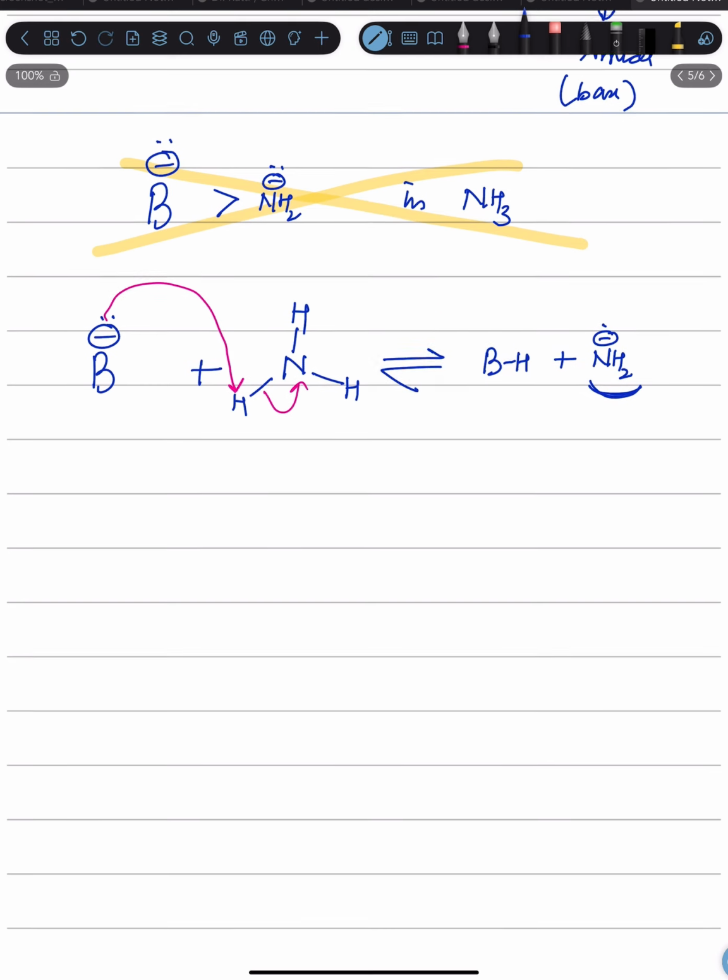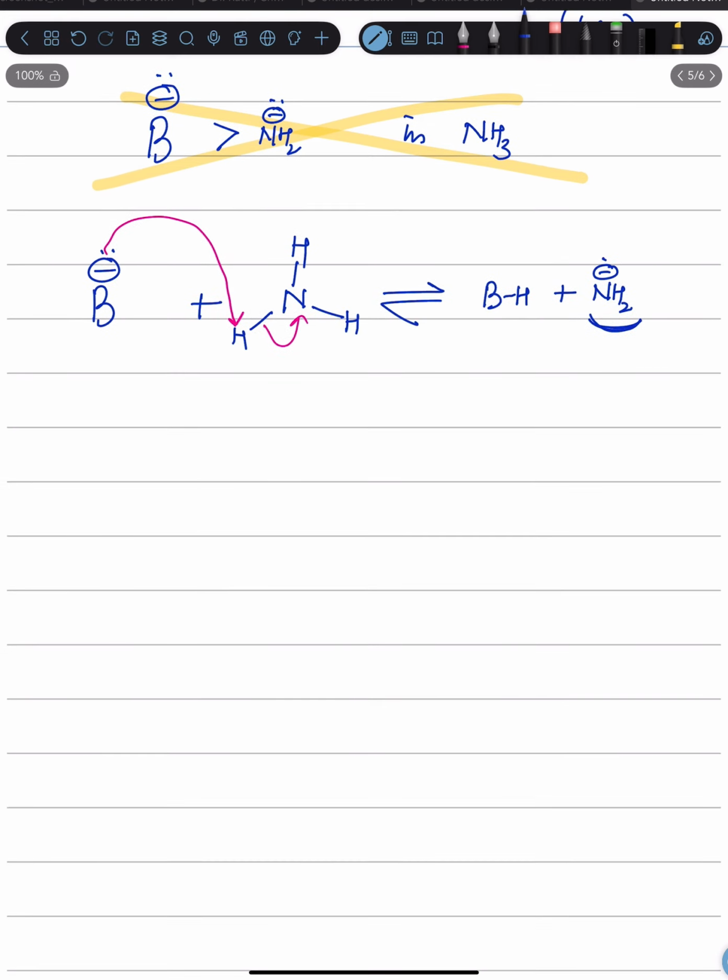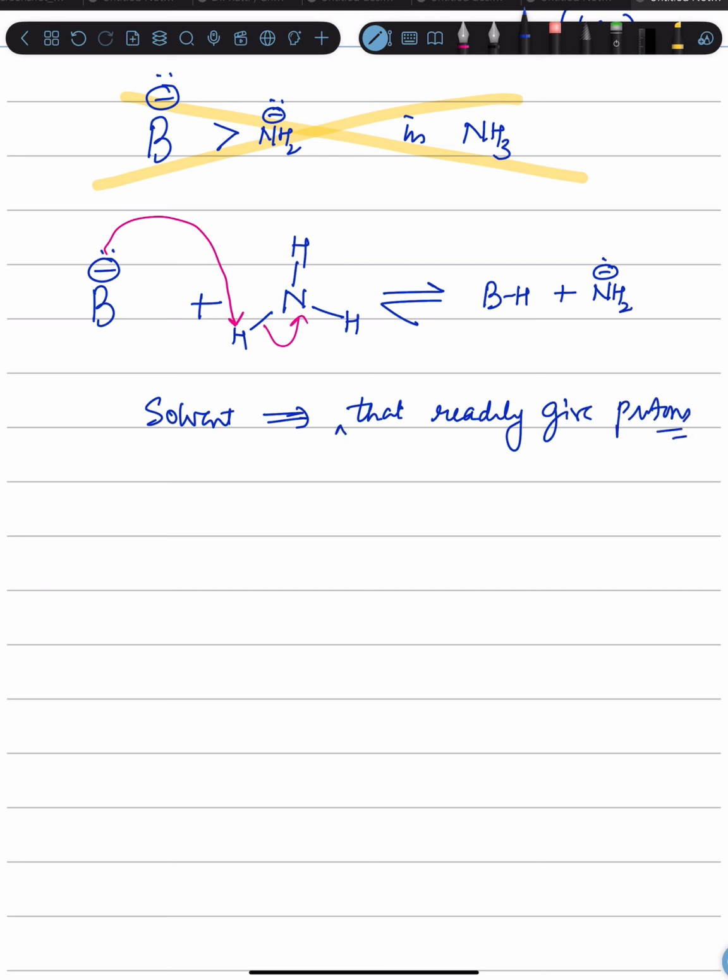If we have to use a base which is stronger than amide ion in ammonia, then we should not use ammonia as a solvent. Instead, we should use a solvent which should not readily give its protons.